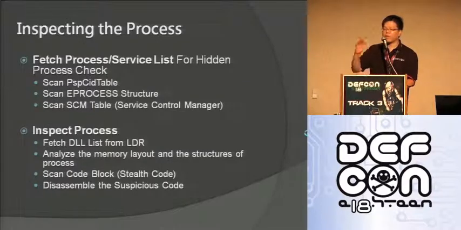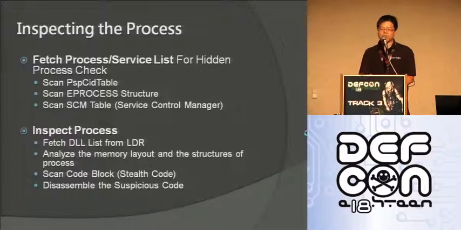And then among the three aspects, we will further explain how we study the memory layout, because this one is the hardest one to work with. To study the memory layout, first we have to identify which process is suspicious. The way we identify this is we first fetch the process and service list, and then we compare it against the process list that is already inside the system.